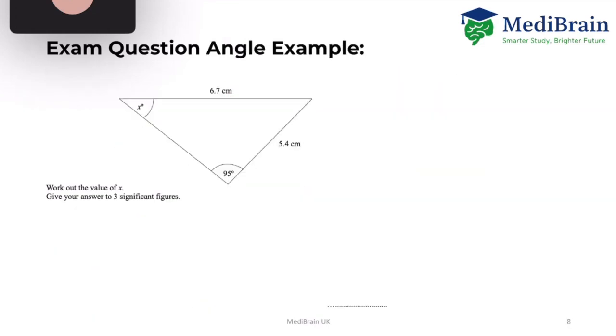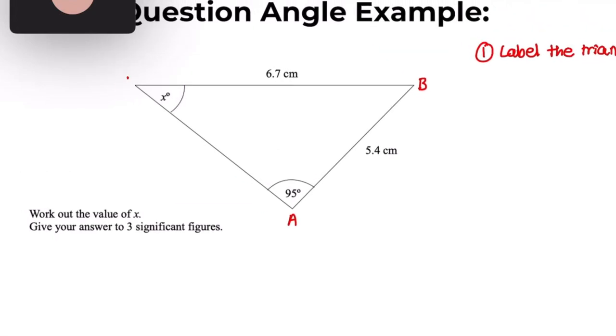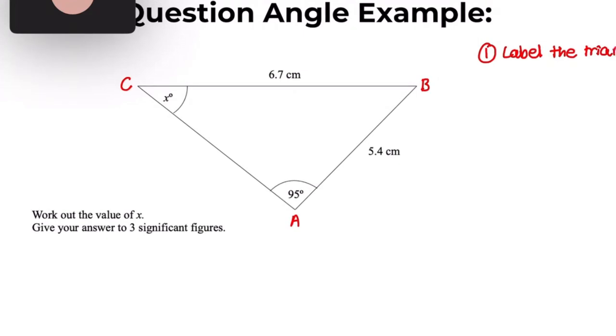Okay, so step one is going to be label the triangle. I'm going to start with capital A, capital B, and capital C. Opposite capital A, I'm going to label as lowercase a.